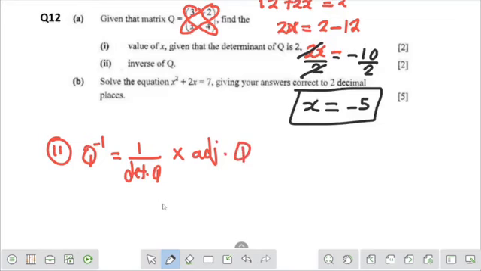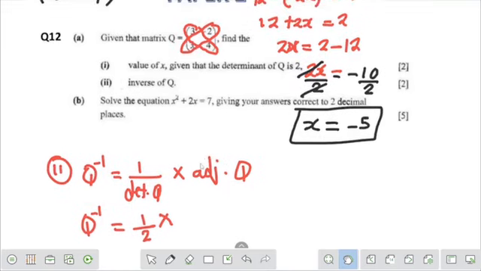It's the one that will allow you to come up with the answer. So from here, we are going to say Q inverse equal to 1 over the determinant of Q. We have been told that it's 2, times what is the adjoint of matrix Q?